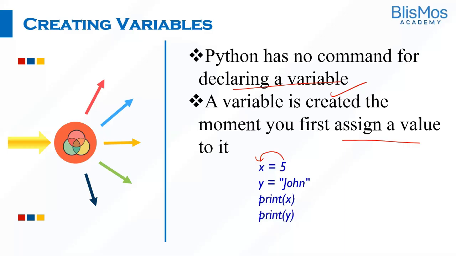As and when you assign a value, that is when variable gets created. For example, here x is equal to 5, y is equal to John. If you go and print x, it will print the 5. If you print y, it will print the John. Explicitly, we are not defining any variable here. We are assigning a value to a variable that gets created.